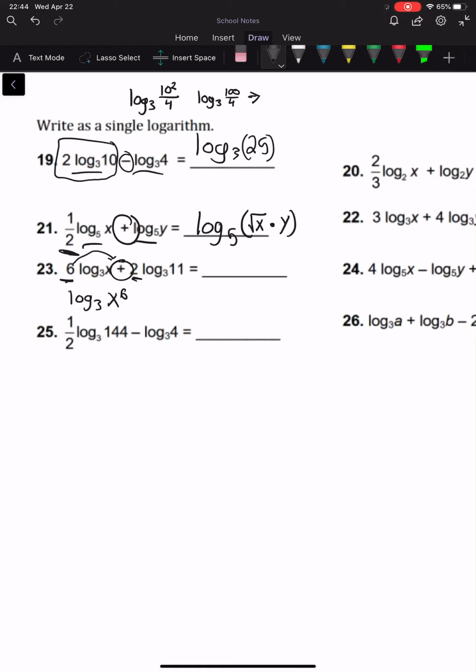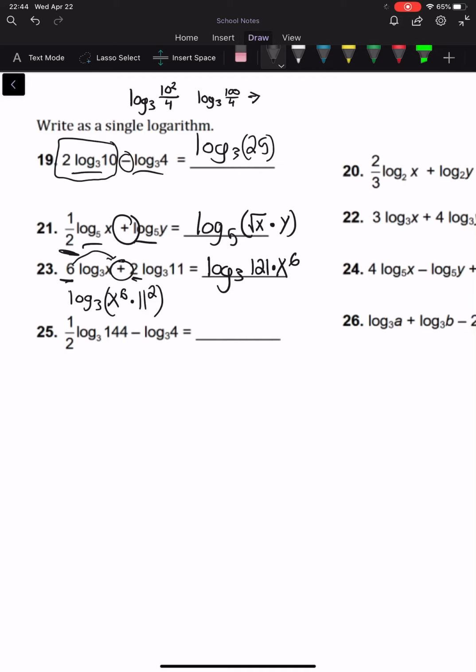We're going to just bring it over here, times 11 squared. And so what we could do with this, we can condense this a little bit further, and we'll have log base 3 of 121 times x to the 6th, and 121 is just 11 squared.